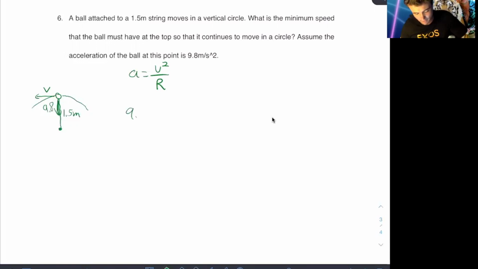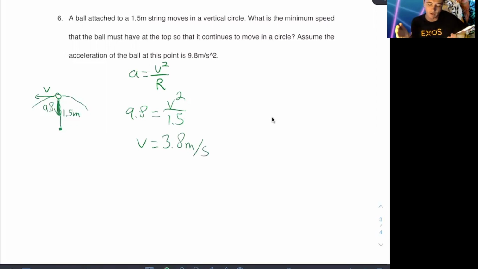Acceleration here is 9.8 equals velocity squared over 1.5. When we solve it, velocity equals 3.8 meters per second. So the velocity of this ball has to be 3.8 meters per second for it to continuously go in a circle around that point.